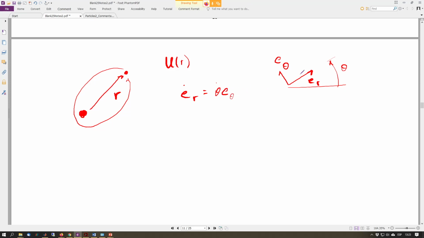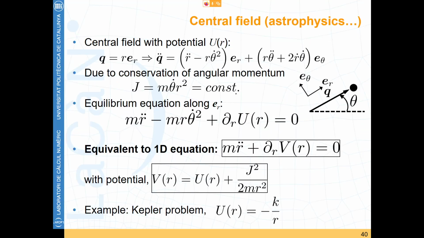The derivative that we have is how much it is rotating, and as we have a theta dot, it only has a component along this direction. By doing the second derivatives, we will have theta double dot multiplied by r and by e_theta, and also the cross terms, because we also have derivatives of e_r and derivatives of e_theta, which we have not derived here.